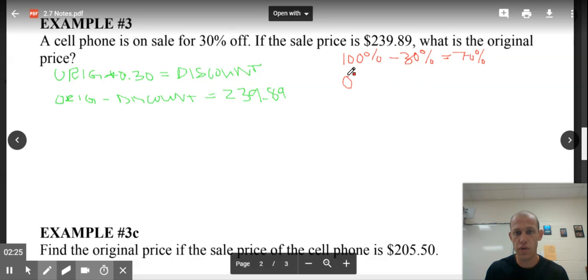So if we take our original times 70%, that will be the final answer. The final answer is $239.89. So we need to just think of what number times 0.7 will give us that.